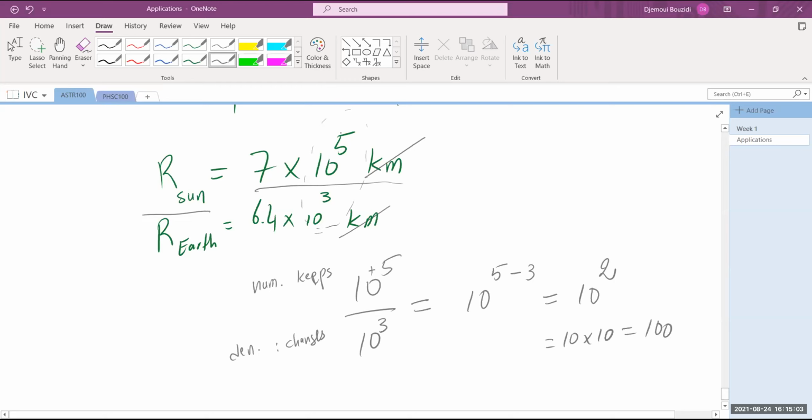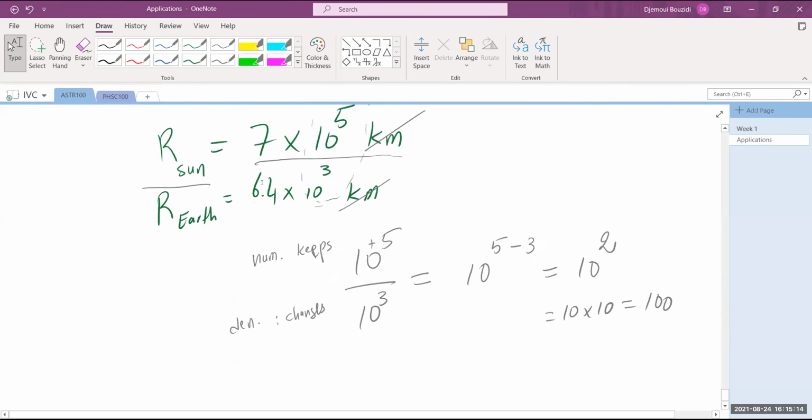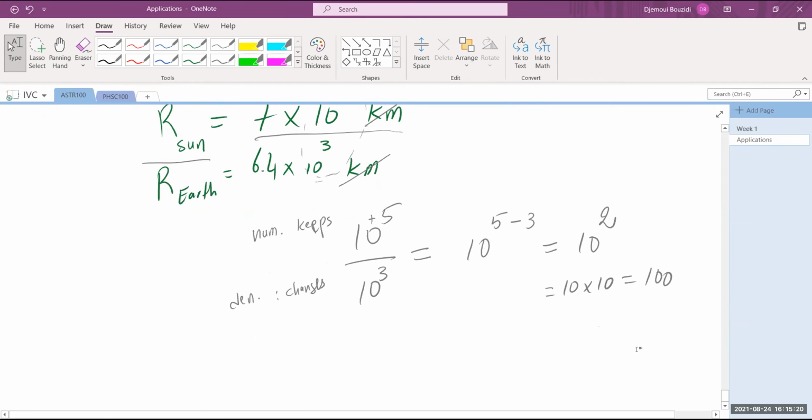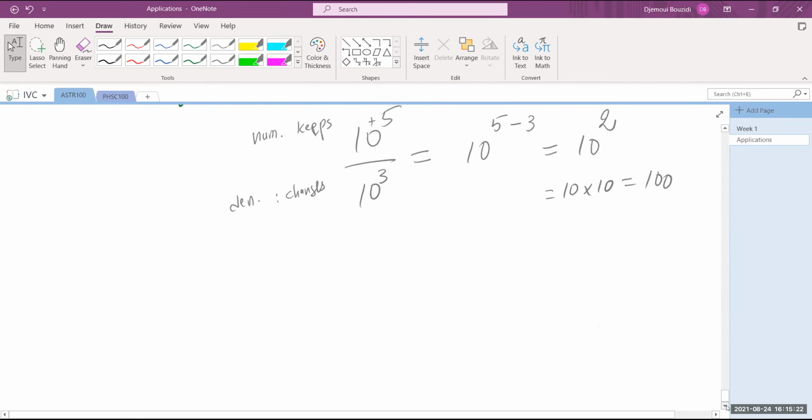So this ratio here is 100. Now I have to deal with the rest of the scientific notation, which is the ratio of 7 divided by 6.4. If I put it on a calculator, that is equal to 1.09, some change.